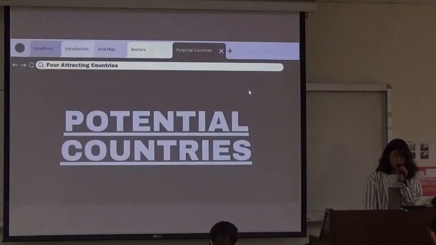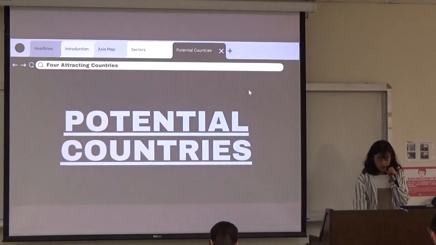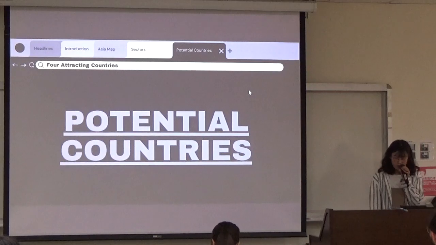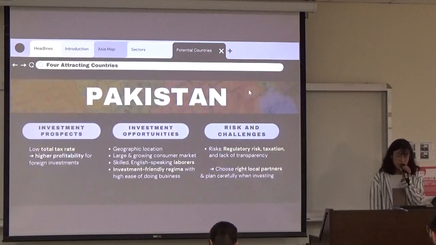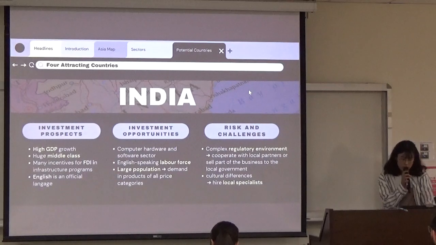After the data we saw in previous slides, we chose 4 potential countries: Tajikistan, Maldives, Pakistan, and India. India is the country we're targeting.